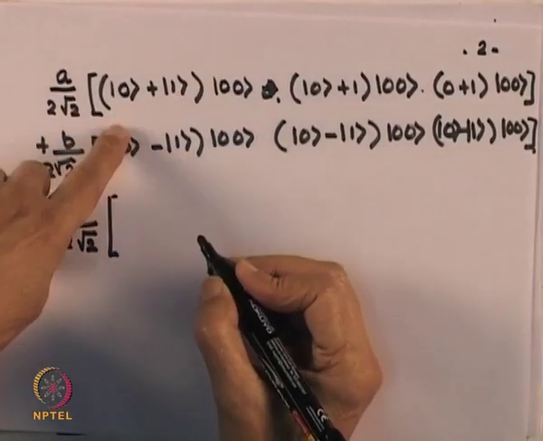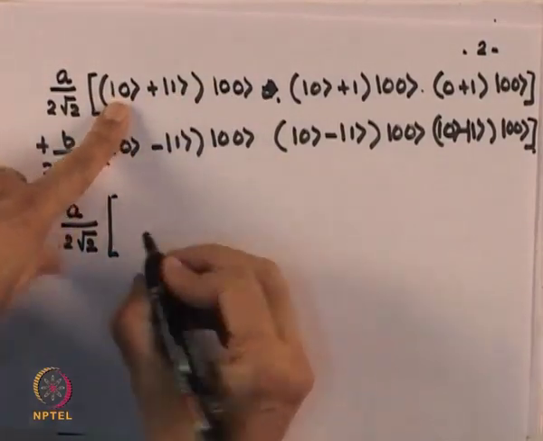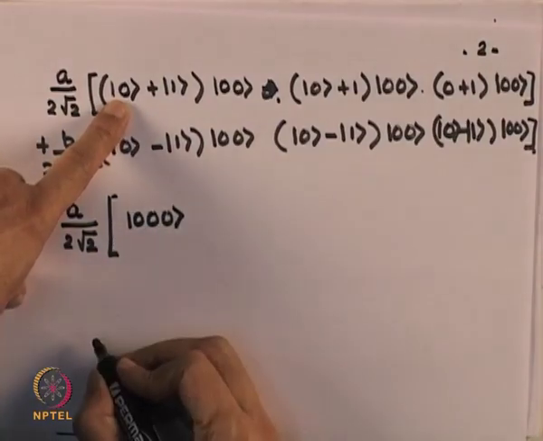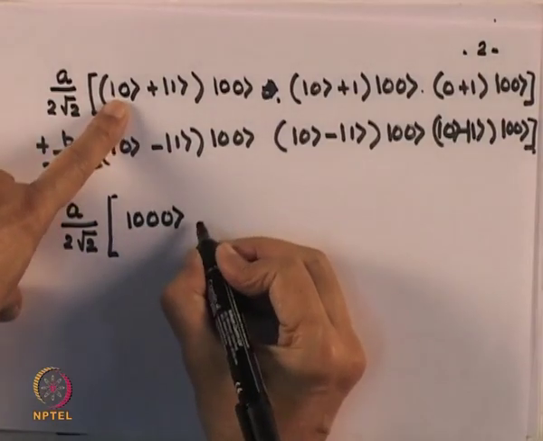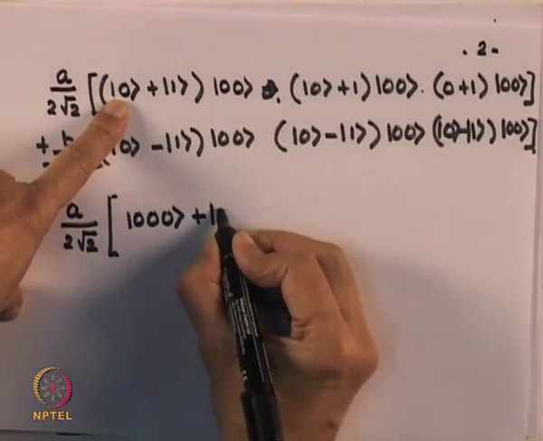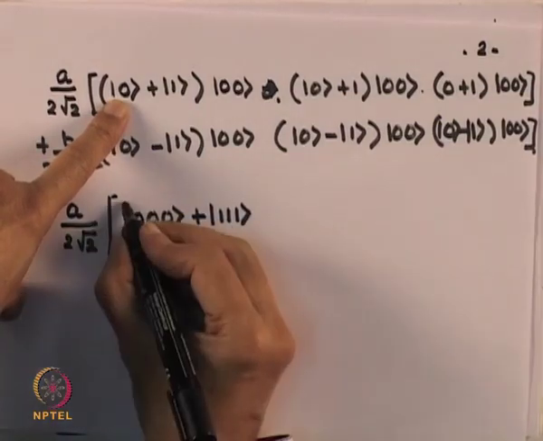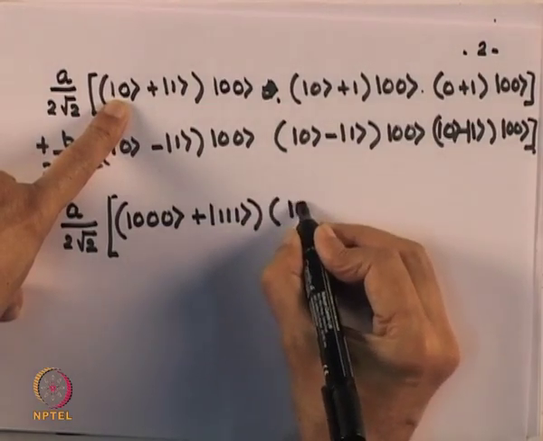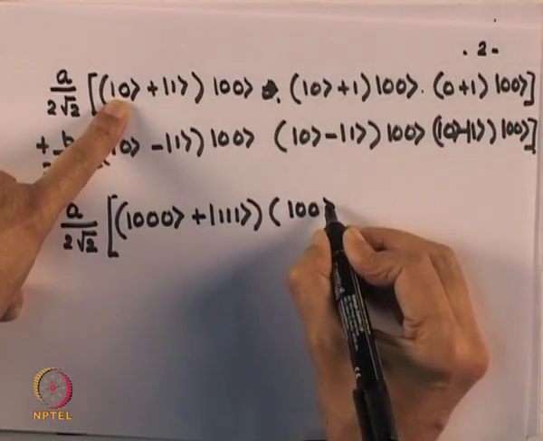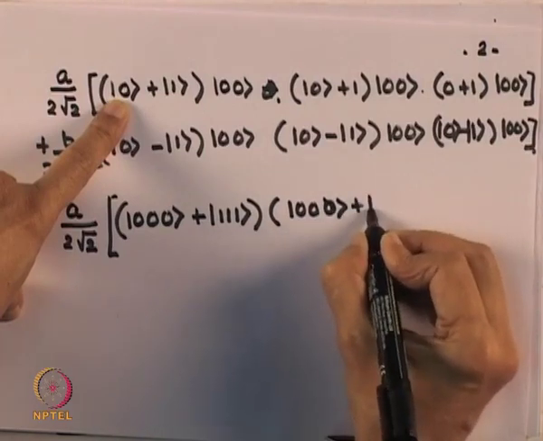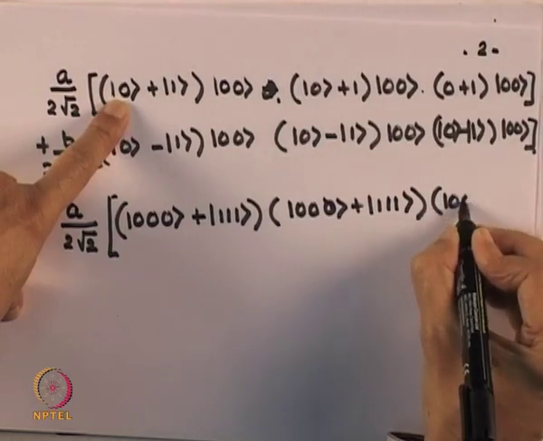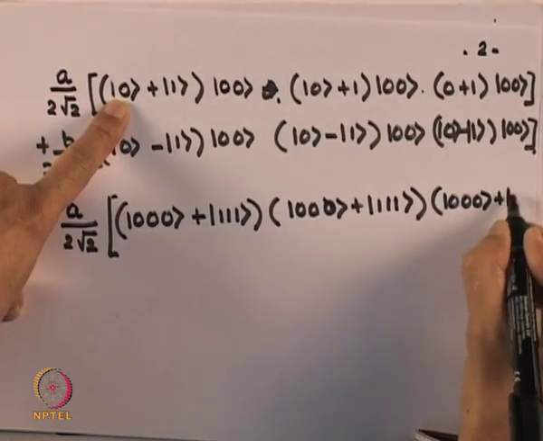So in the first block of 3, I will get 0, 0, 0 plus 1, 1, 1. This is the effect of C0, and since these are identical situations, I will get 0, 0, 0 plus 1, 1, 1 and 0, 0, 0 plus 1, 1, 1.